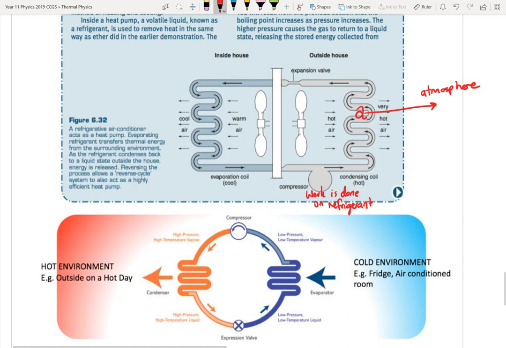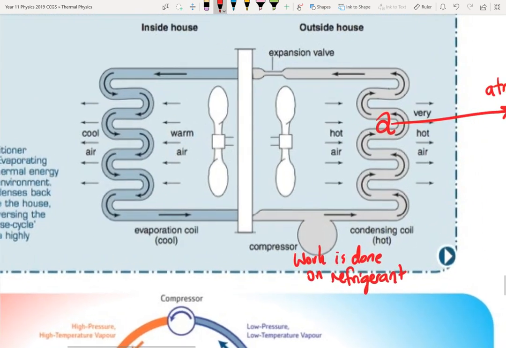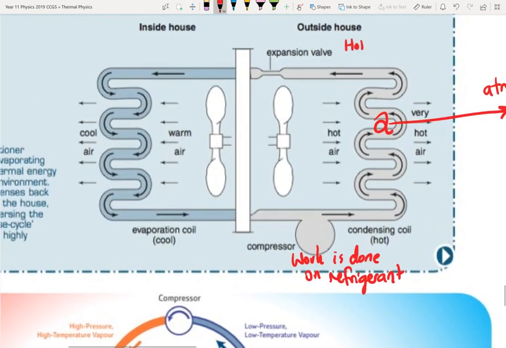The gap effect occurs, and now we have very, very cold gas here. Okay, so could we please write hot compressed liquid, and on this side we've got cold rarefied, which basically means low pressure. I'll write that a bit neater.